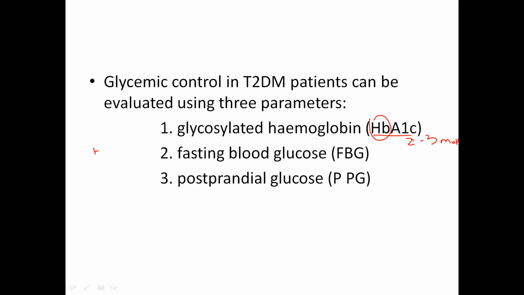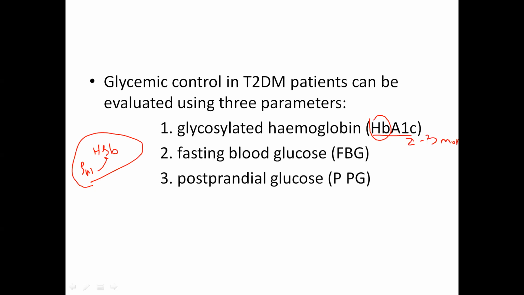The reason we choose the bond between glucose and hemoglobin instead of fructose and hemoglobin, or galactose and hemoglobin, is that glucose is less likely to do the bond or linkage.